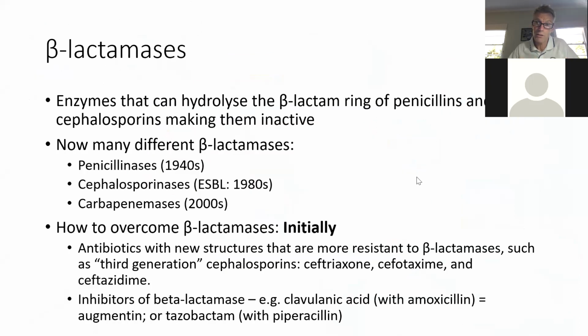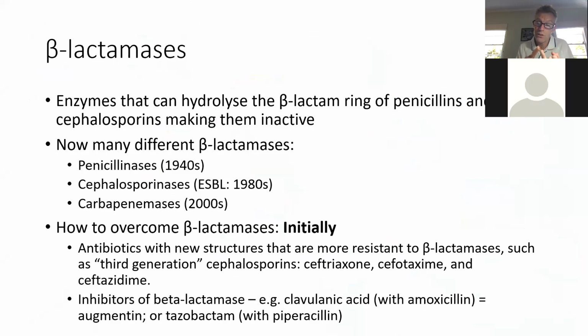The first one is, as I mentioned, this enzyme called beta-lactamase, which is produced by some bacteria, usually gram-positive bacteria, and some gram-negative bacteria. They're enzymes that can hydrolyze or break down the beta-lactam ring of penicillins. Penicillins' chemical structure is what's called a beta-lactam ring.